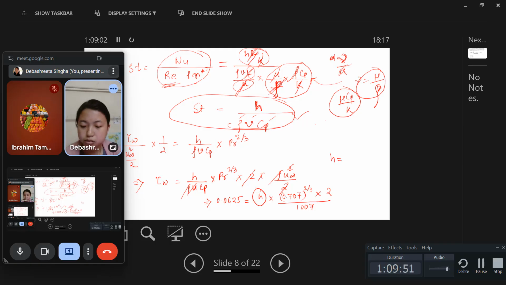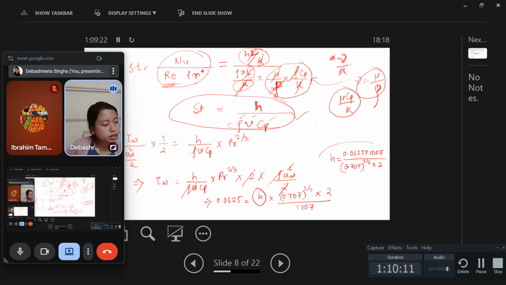Something else. H is given by 0.0625 into 1007 divided by 0.7 to the power 2 by 3 into 2.